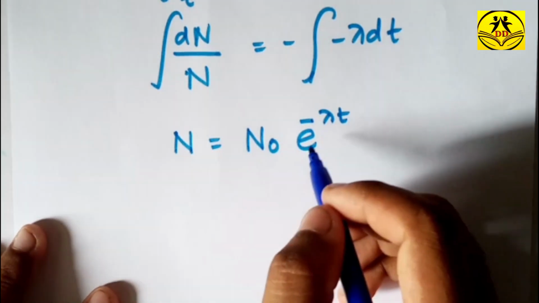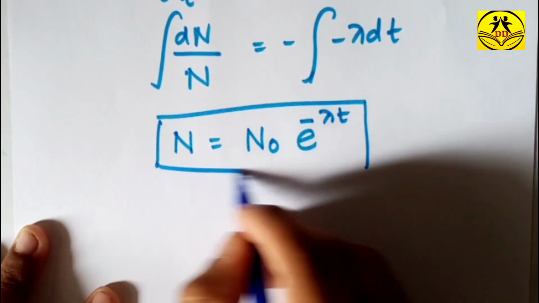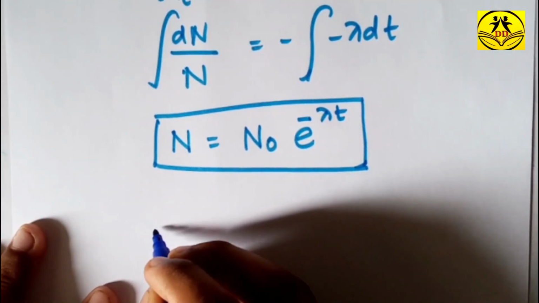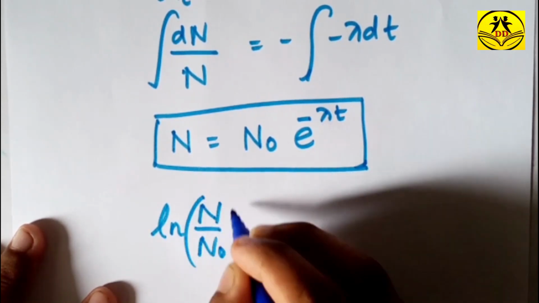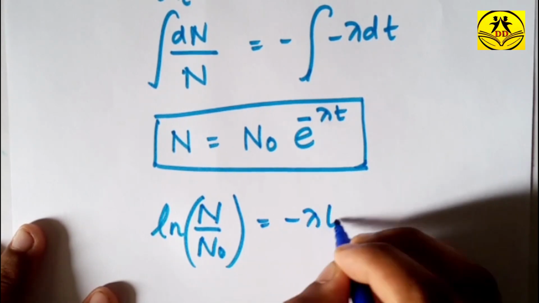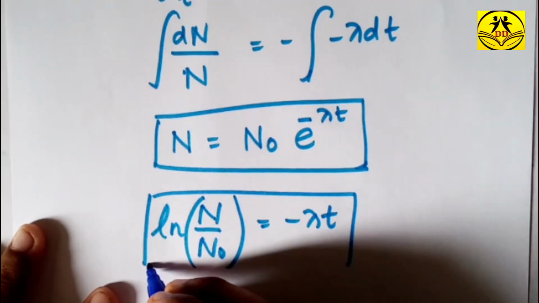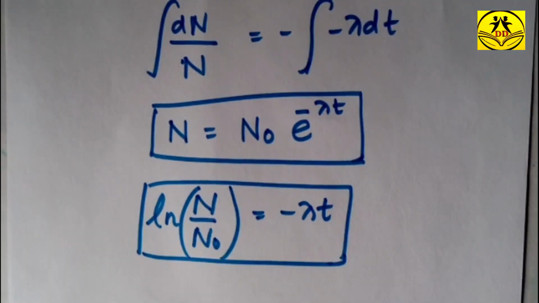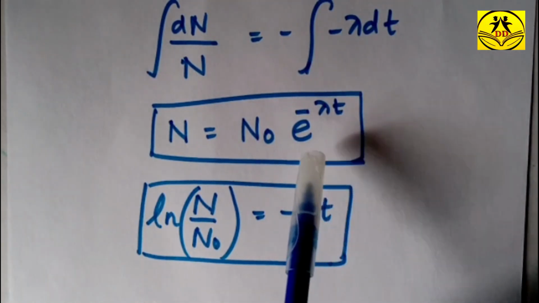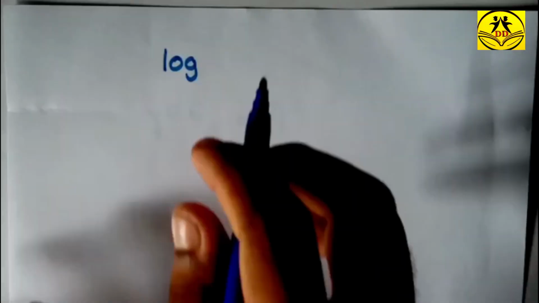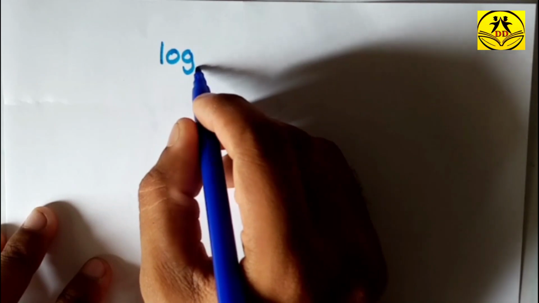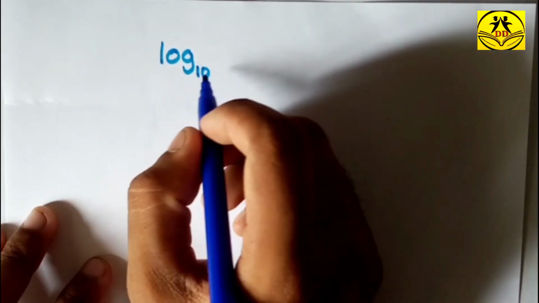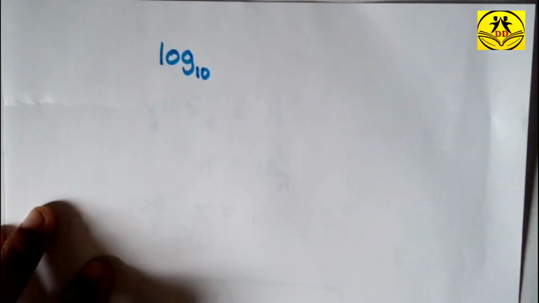So this can also be written as natural log N over N naught is equal to minus lambda t. As this represents an exponential graph, that's why the exponential sign is here. So for biology students, I'm telling you this is more similar to log, but in logarithms we take the base as 10.